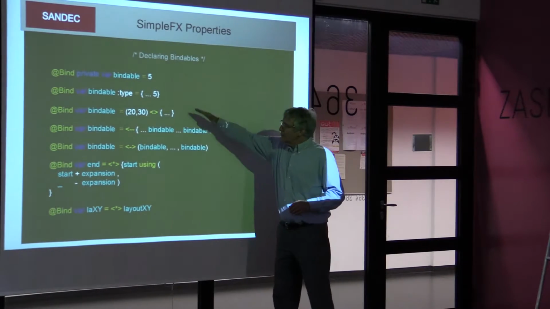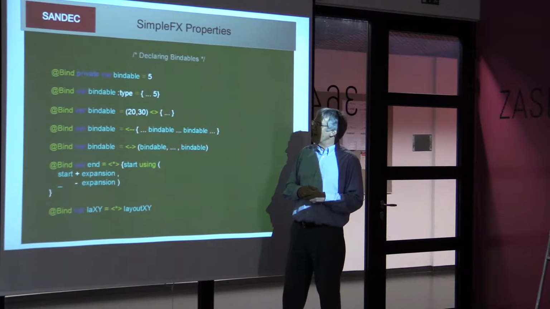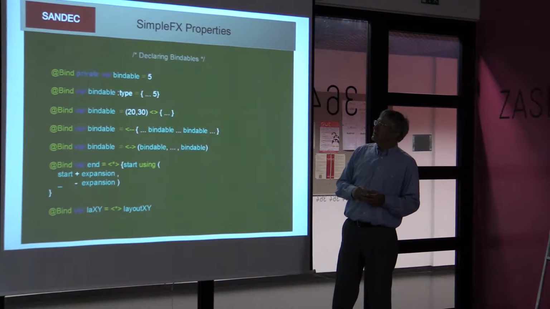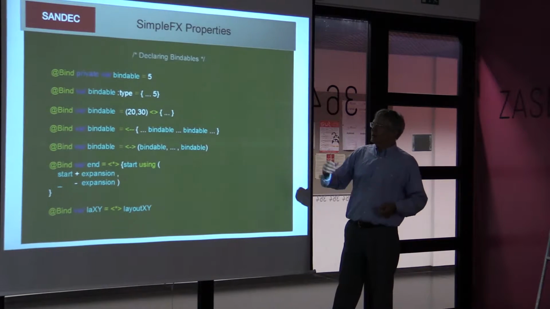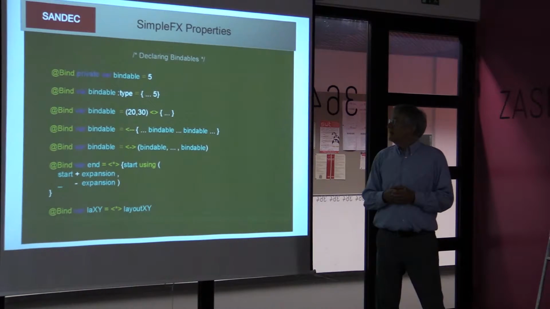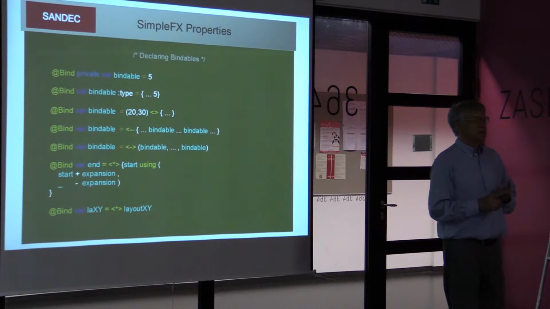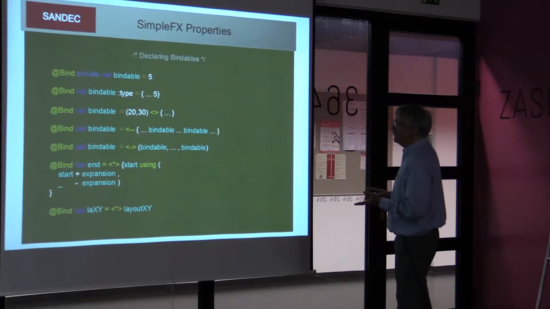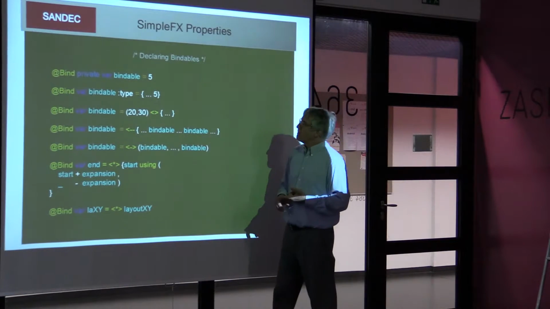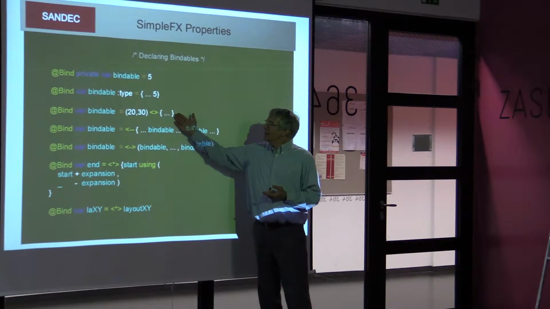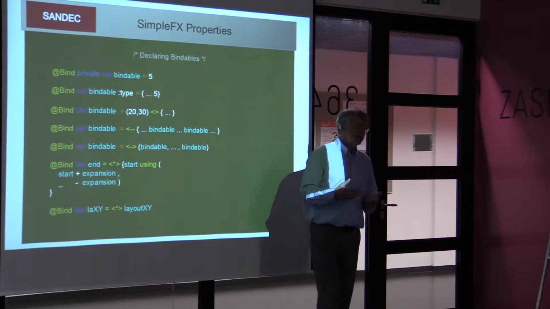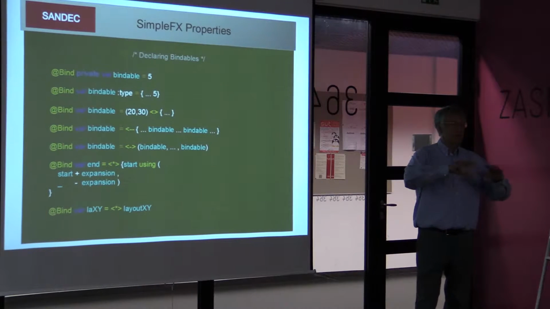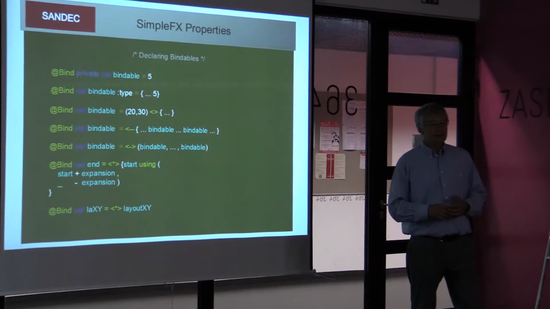But we'll go through very quickly so that you see how we declare a bindable. We use the bind annotation, and we can use standard modifiers from Scala, like private and whatever. And we use var and val, depending on whether it's a read-only or read-write property. For Scala people, it's not too impressive to see that you can use tuples, you can compose your own data types.